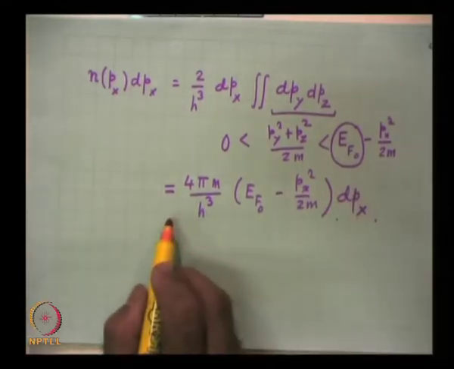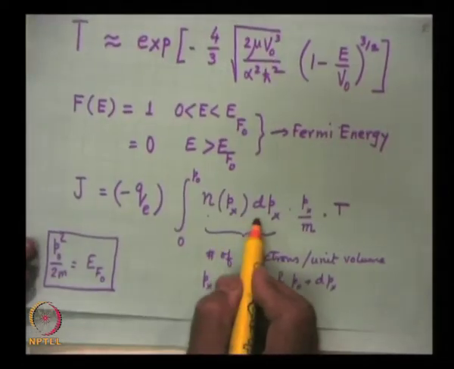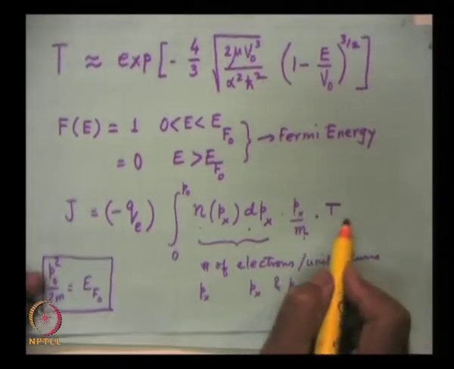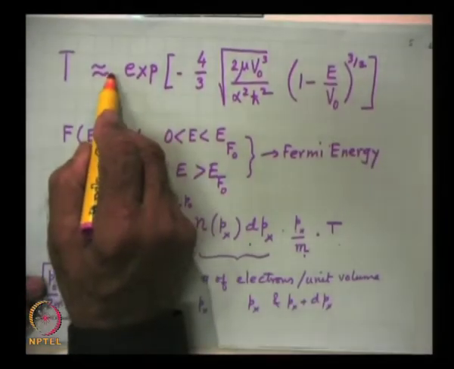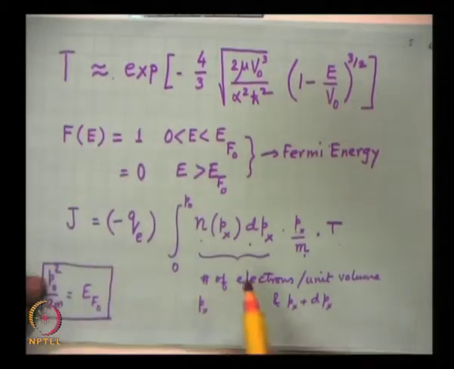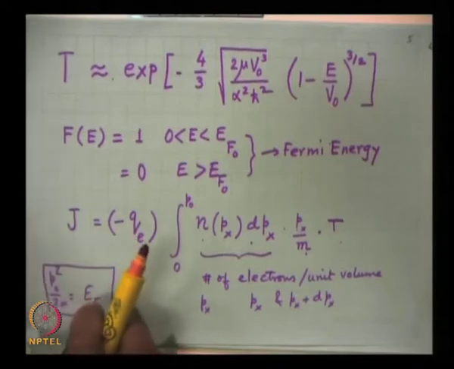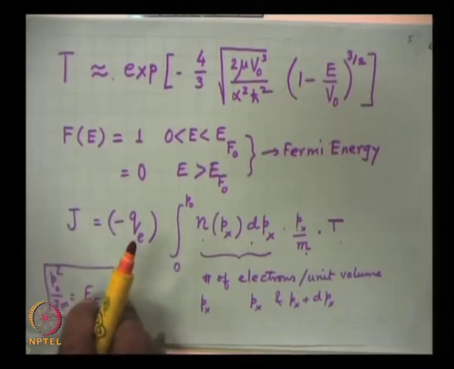So, we have an expression for n of p x d p x. I substitute it here, multiplied by p x and then multiplied by this term, and carry out the integration. One has to carry out the integration a little approximately.